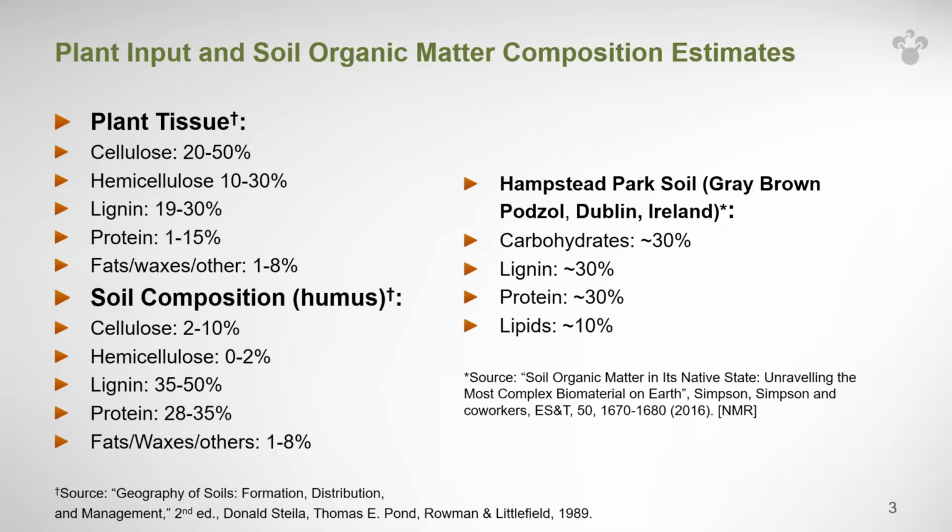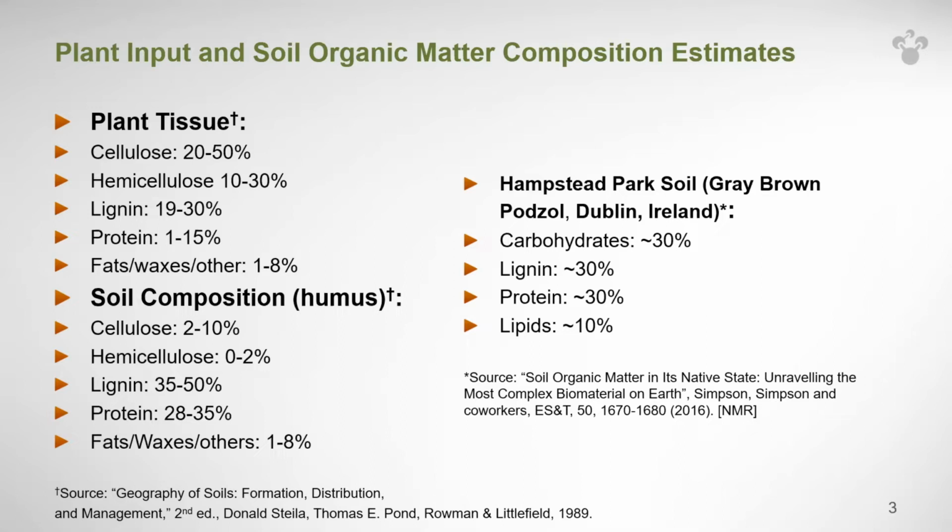But this composition of soil is going to depend on vegetation, microbial communities, geology, climate. So we could only go with a rough estimate of the composition of soil, and we also needed to take a reductionist approach where we couldn't put everything into the model.